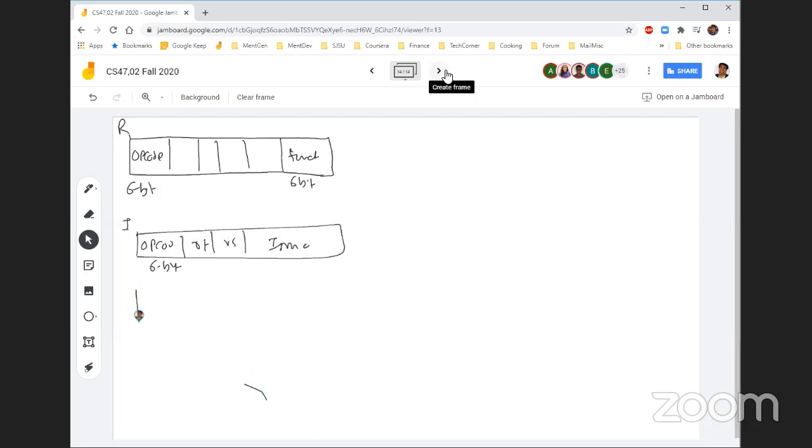And we have a J type with a 6 bit opcode and some address values there, which doesn't matter. Now the question becomes, how many instructions can this MIPS support?